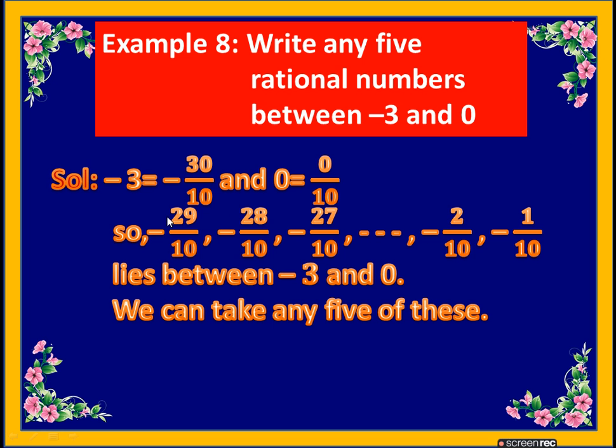So you can write -29 by 10, -28 by 10, -27 by 10, -26 by 10, and -25 by 10, or any of these numbers. There are so many numbers in between. This is the way to write 5 rational numbers between -3 and 0.